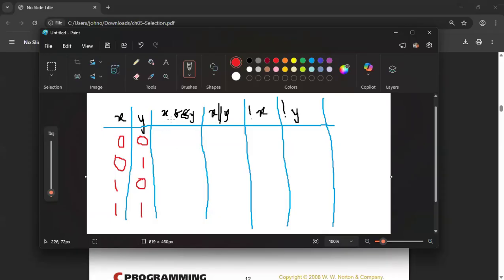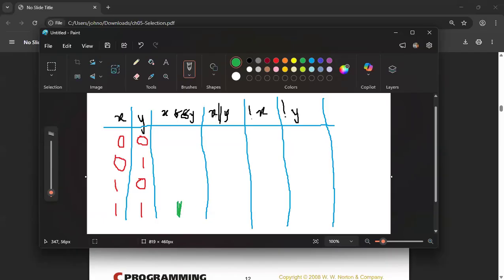And so we said the combination of x and y, the only time that this is true is when both of them are true. The only time it is true is when both of them are true. So we said this is the only time it is true.